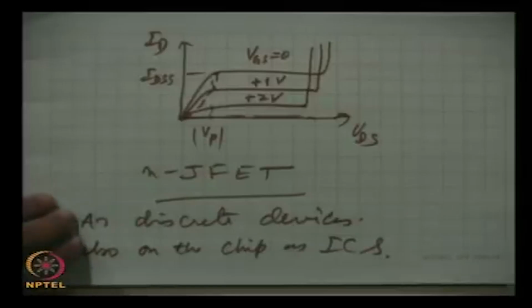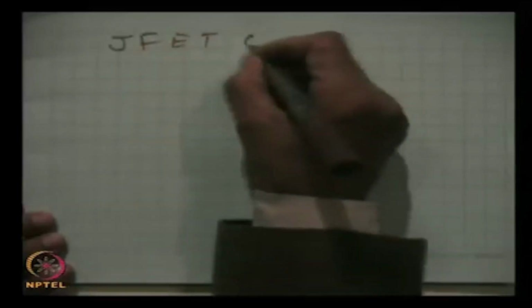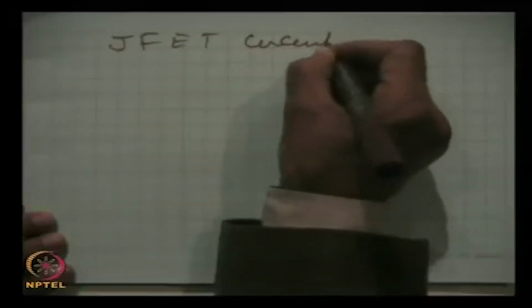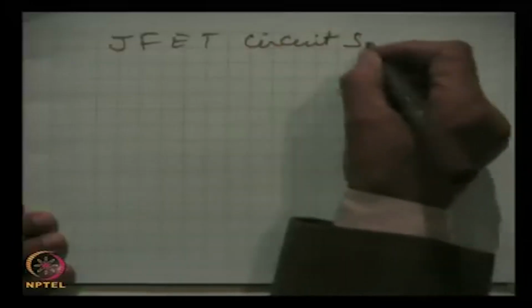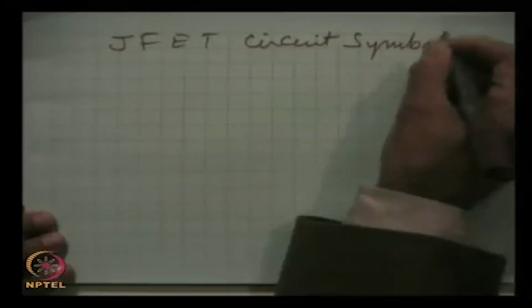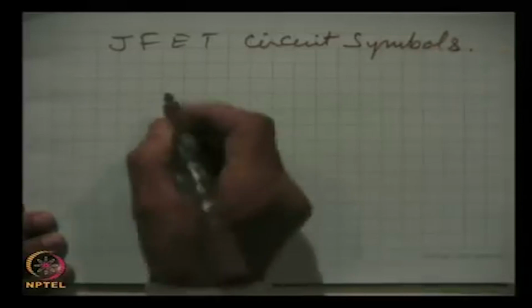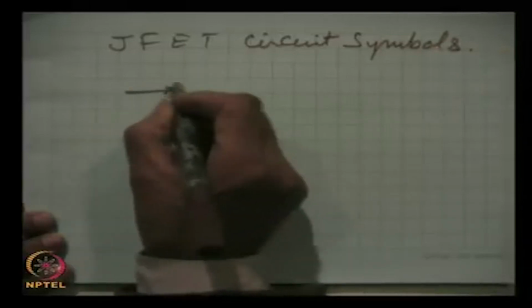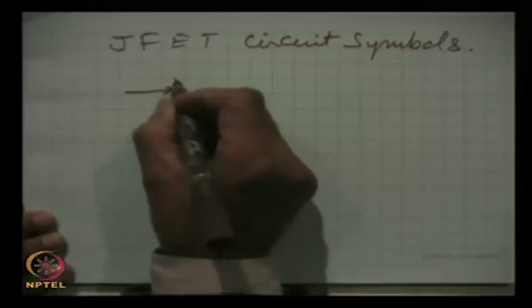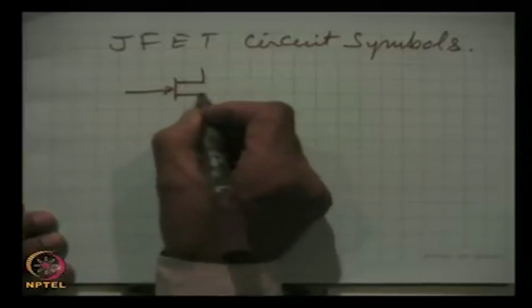Now about the circuit symbols. The circuit symbol for FETs, JFETs. This arrow gives a distinction.